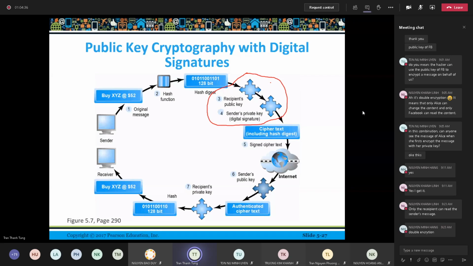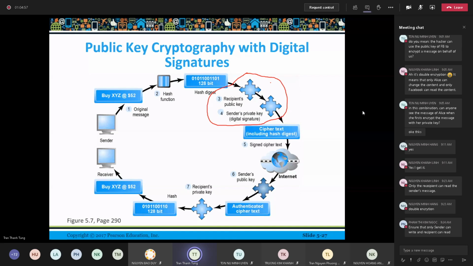So here after we have double encryption, yes. What we can have is that at the beginning we use the public key of the recipient to encrypt the message. So we have that only the recipient can read the message.